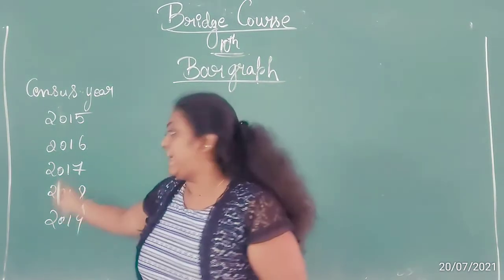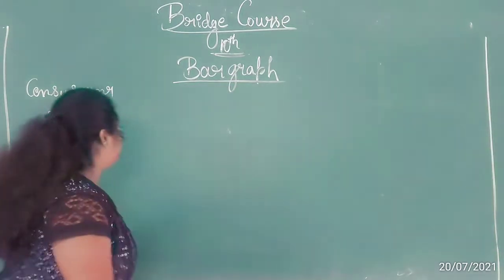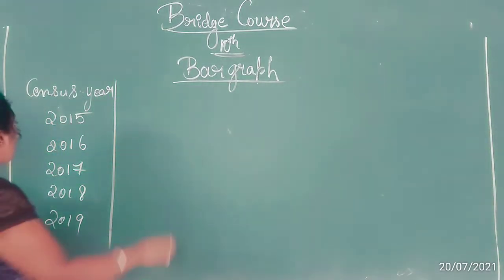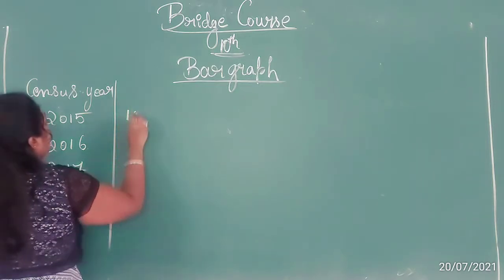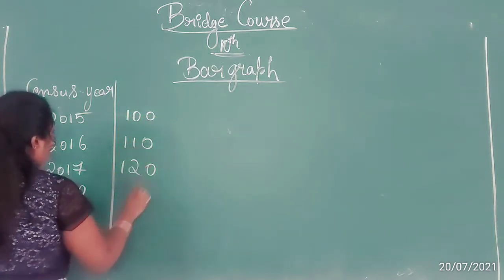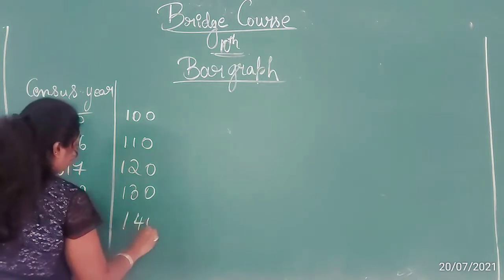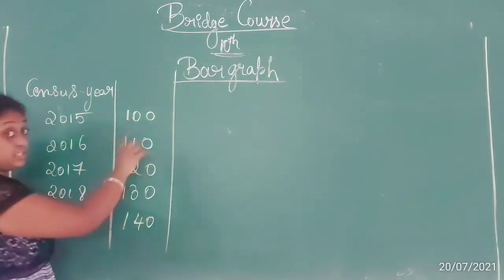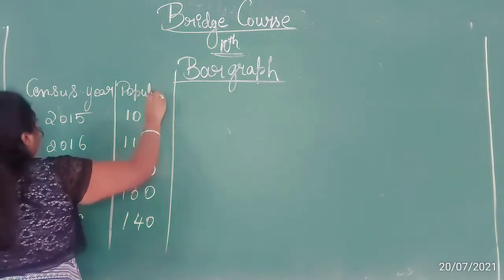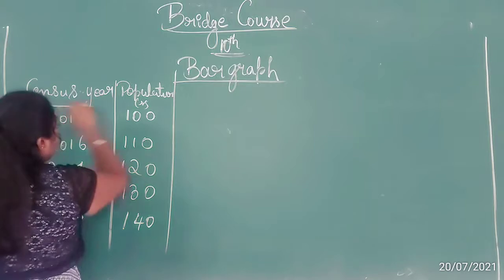So at that time we didn't take the census. Keeping that in mind, I have written for so many years. Now, what is the population? Now for 2015 it is 100, then 110, 120, 130, 140. So this is the close distance. Population in crores.